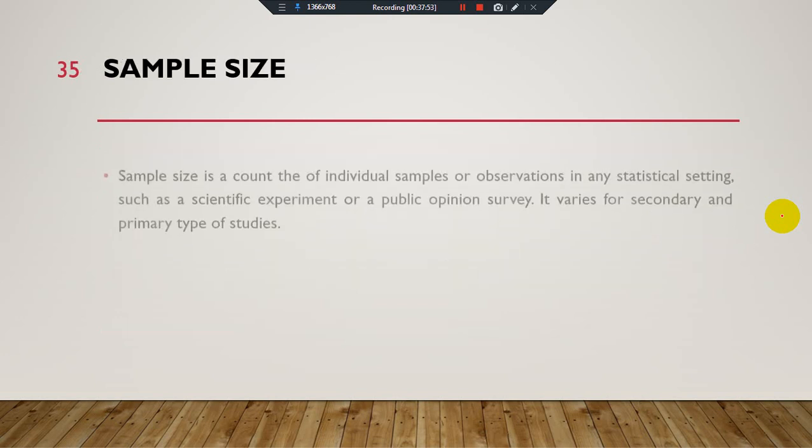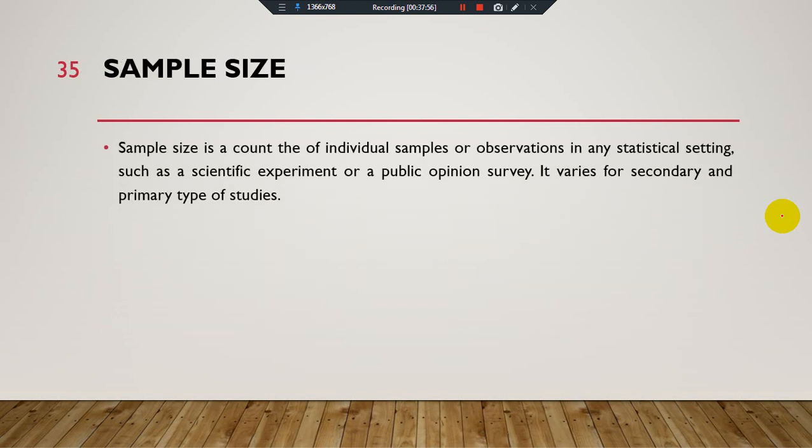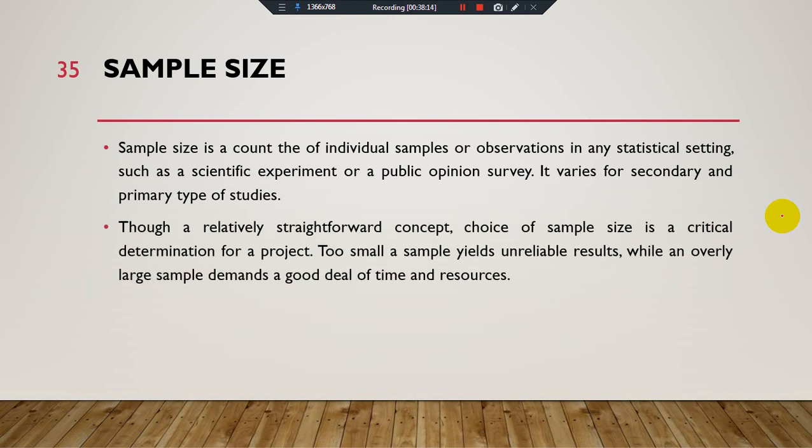Okay, then you provide the sample size. What do we mean by sample size? A sample size is a count of the individual samples or observations in any statistical setting, such as a scientific experiment or a public opinion survey. It varies for secondary and primary types of studies. Although a relatively straightforward concept, the choice of sample size is a critical determination for a project.